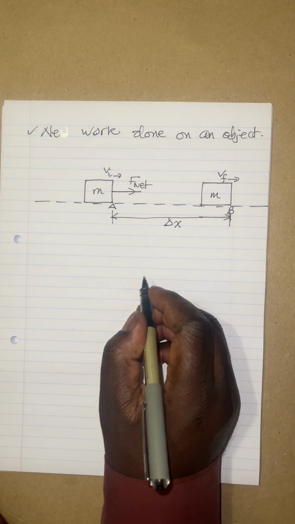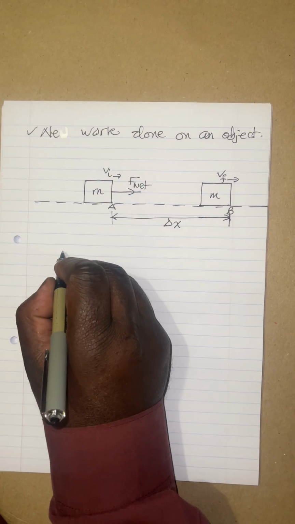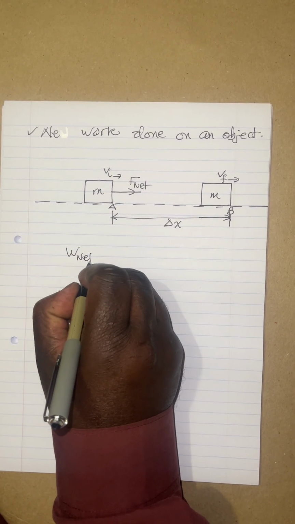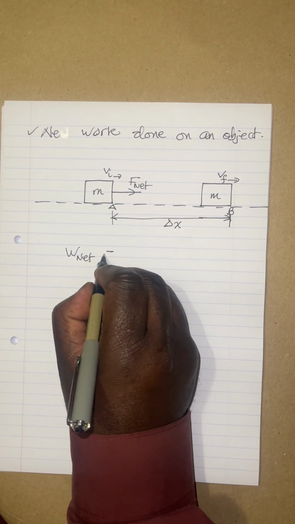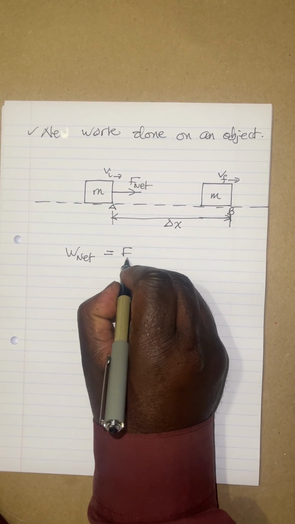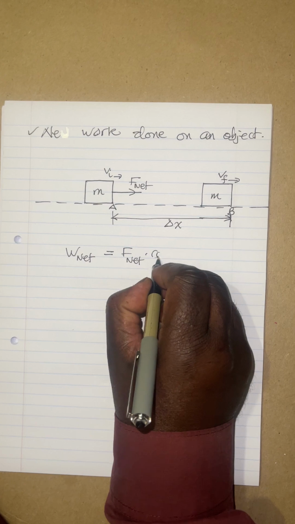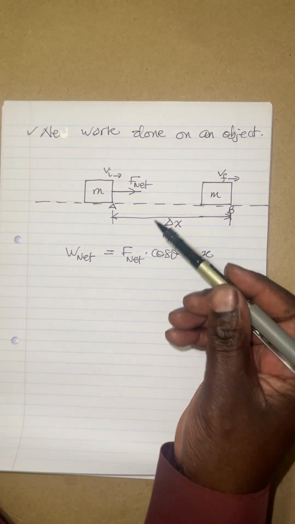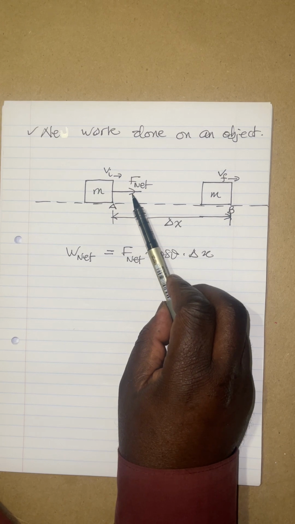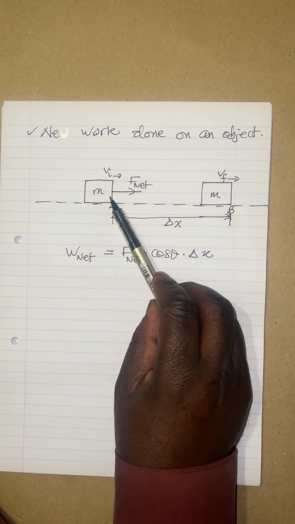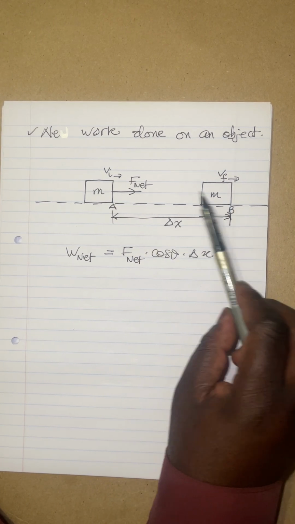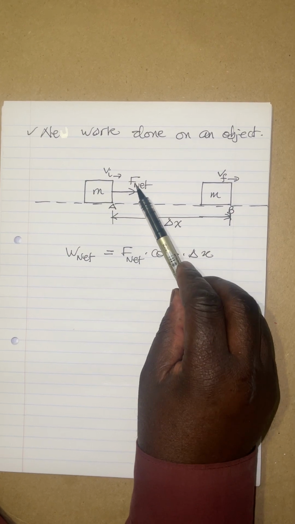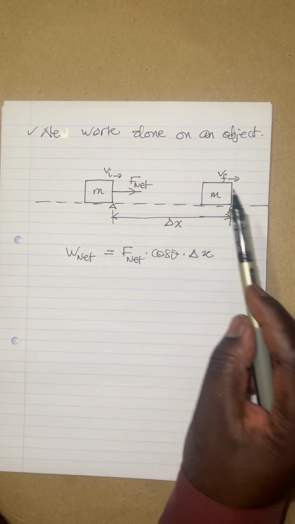Right, so we can basically say that W net, that's work done by net force, is going to be equal to, by definition, F net times cos theta times delta x. But remember, now our net force is actually in the direction of motion of the block. So the angle between net force and the direction of motion is actually 0.